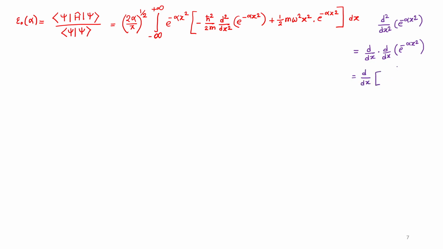This part is going to be the differentiation of e to the power, and any exponential function stays the same. And what is going to come out? Obviously, minus alpha is going to come out. And what is the differentiation of x square? That is 2x, as a chain product, it came out. Right?